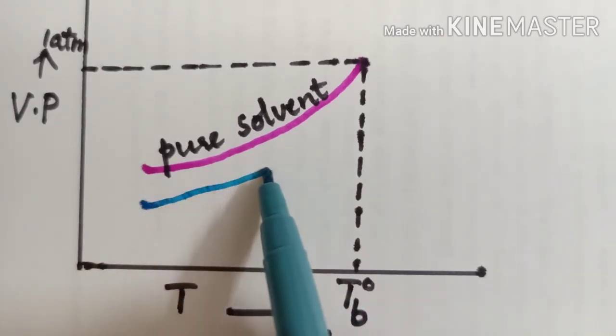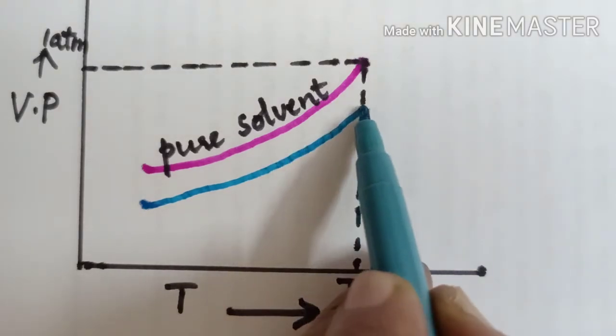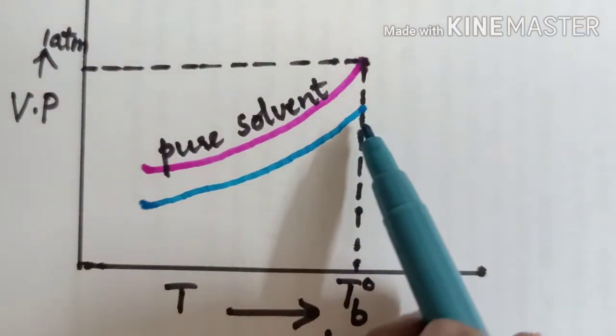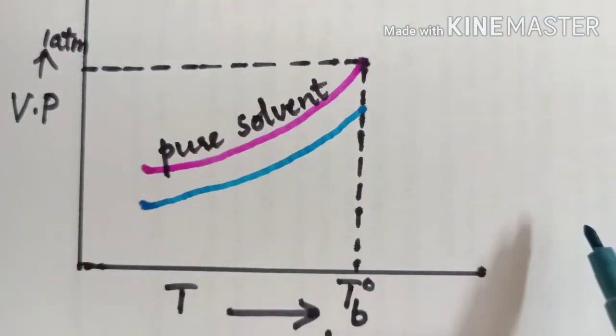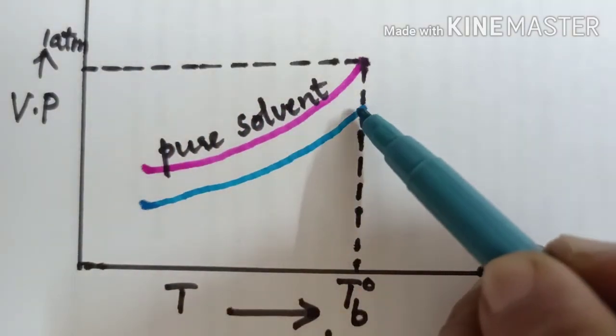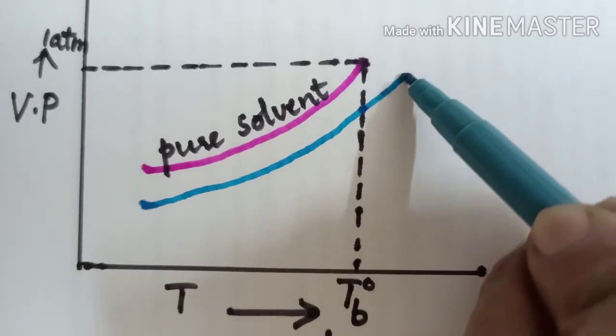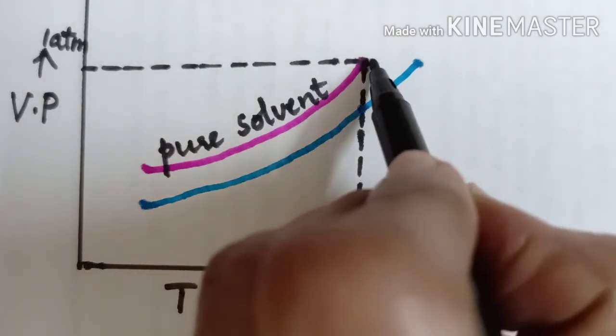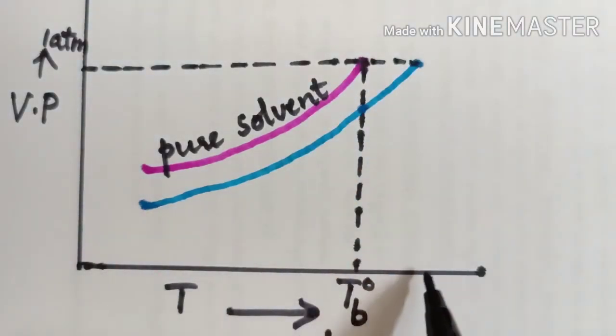So it will gradually increase, and you find that by the time the pure water, or the pure solvent, has started boiling, it hasn't reached the 1 atmosphere mark. So then you will have to heat it further until it reaches the 1 atmosphere mark. So you find that the corresponding temperature is always greater than the first one, and that can be marked as TB.